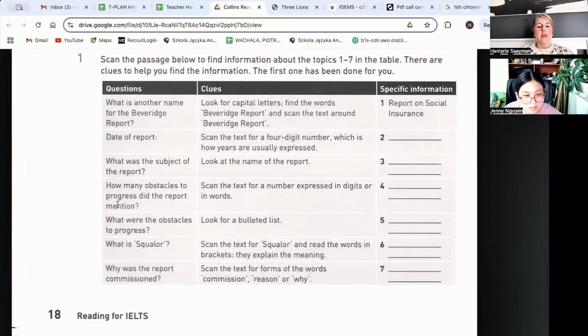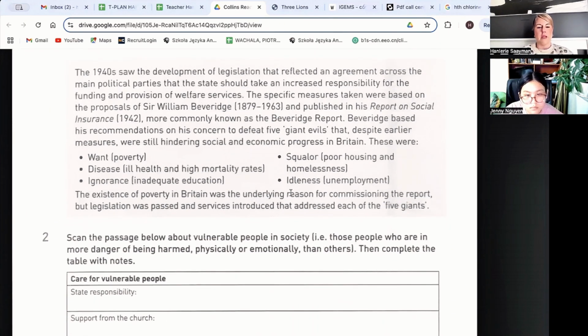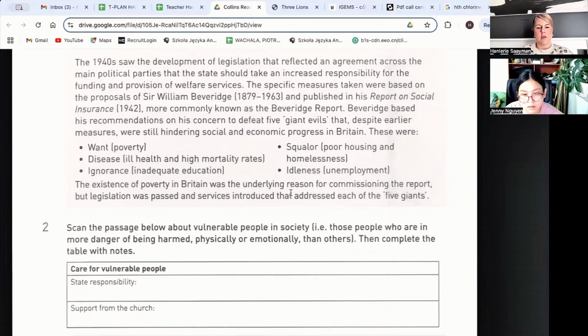Okay. And how many obstacles to progress did the report mention? The standard text is a number expressed in digits or in words. How many obstacles to progress did the report mention? So, defeat 5 giant evils.